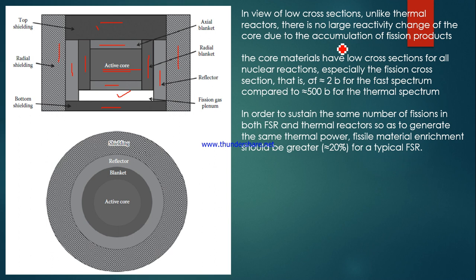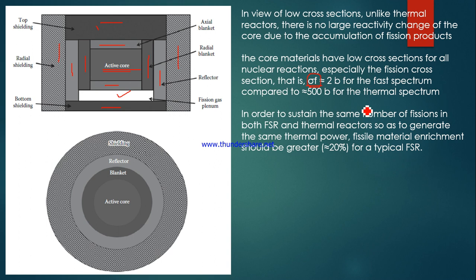The core materials naturally have low cross section in all reactors, but in a fast reactor, this is called the total macroscopic cross section for fission.